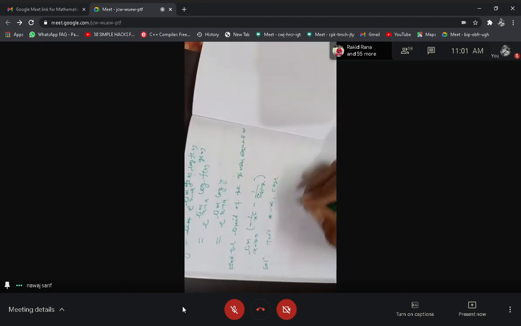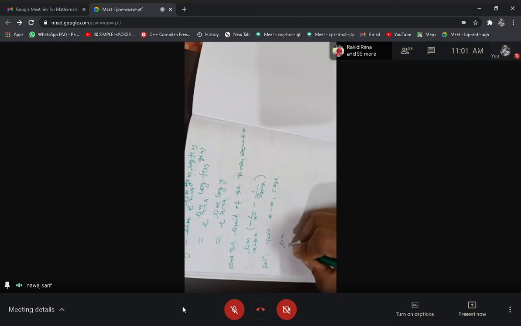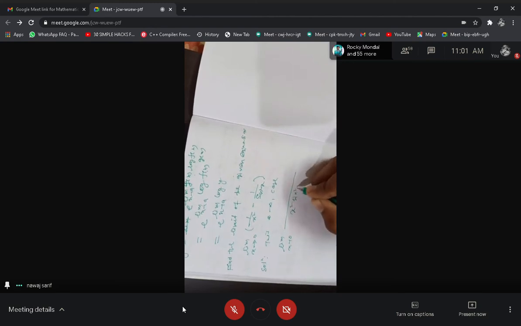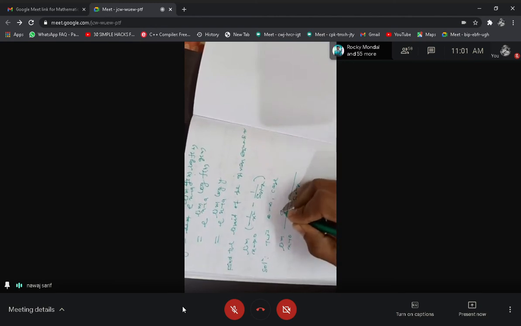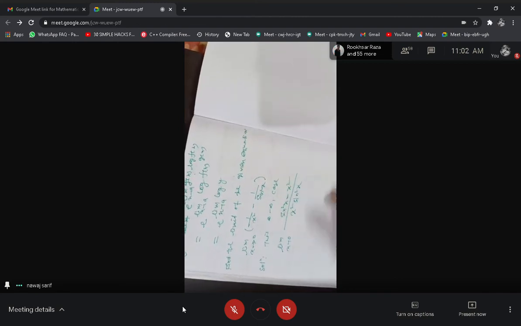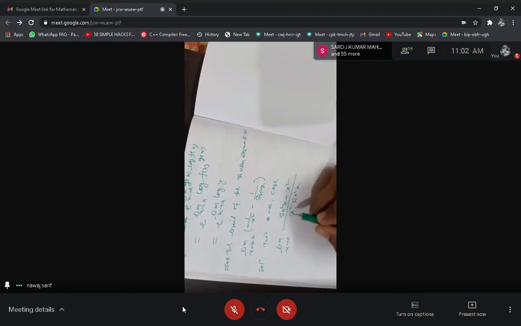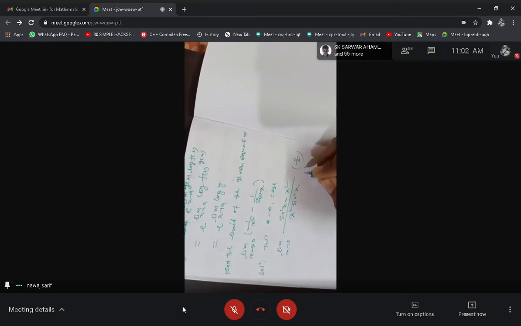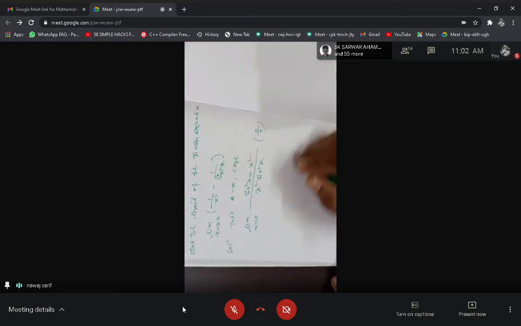Then limit x tending to 0, just take this as x square sin square x in the denominator, and the numerator is sin square x minus x square. Now what is the case here? If limit x tends to 0, then this is 0 and this is also 0. So this is the 0 by 0 case. Now apply L'Hospital rule.